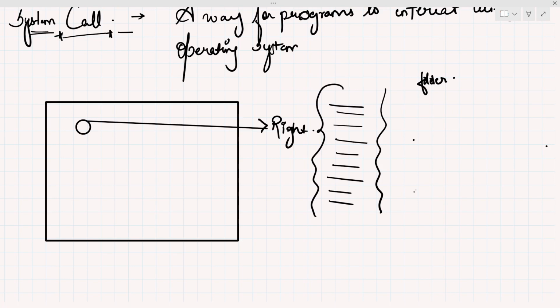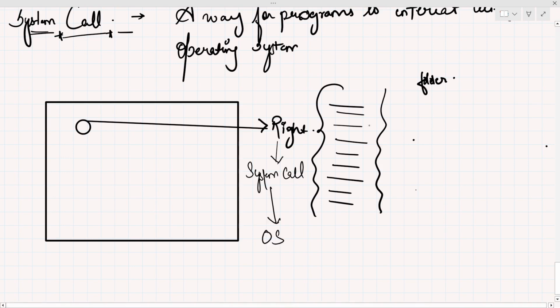A system call is going on, and this system call tells the operating system to open these numerous functionalities. I hope it is clear what a system call is and how the operating system shows me this functionality. This is a way to create a folder with the help of a system call.